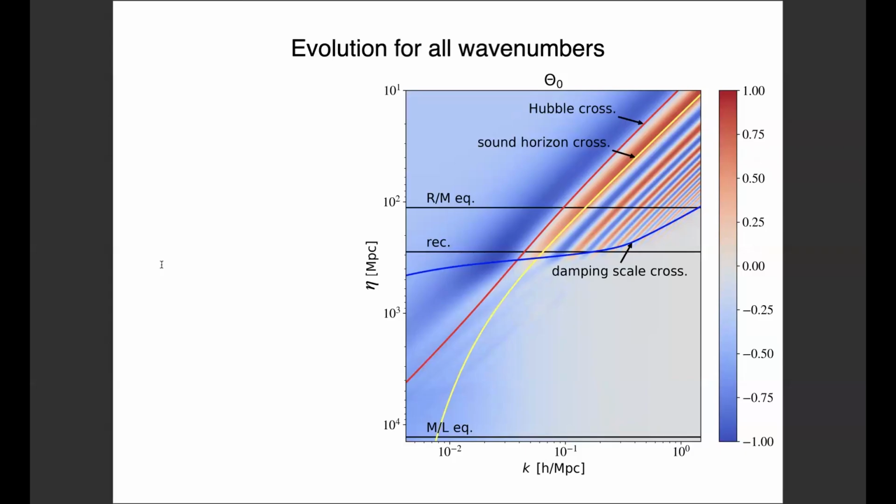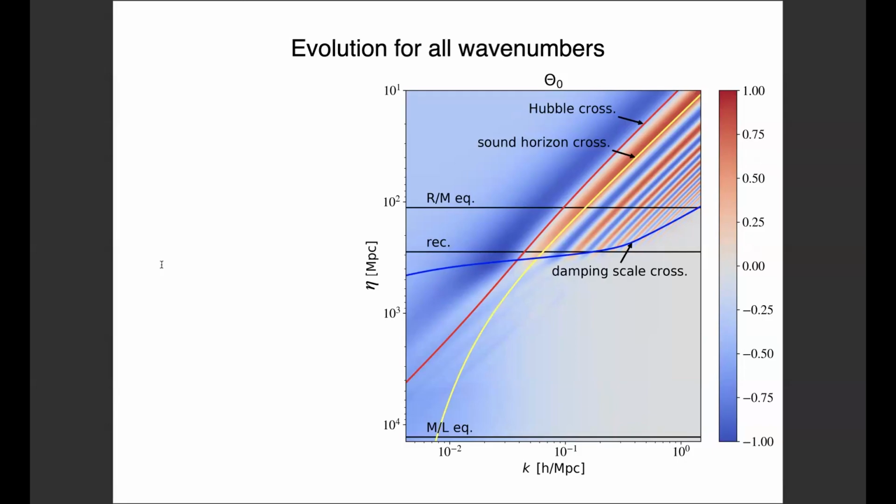Let's not complicate, and let's mainly look at the Hubble crossing line. We see that well above the Hubble crossing line, theta 0 is constant and reflecting the static adiabatic initial conditions. But we see that at the approach of the Hubble crossing line, we have a sequence of oscillations. And it's like when we looked at a single mode.